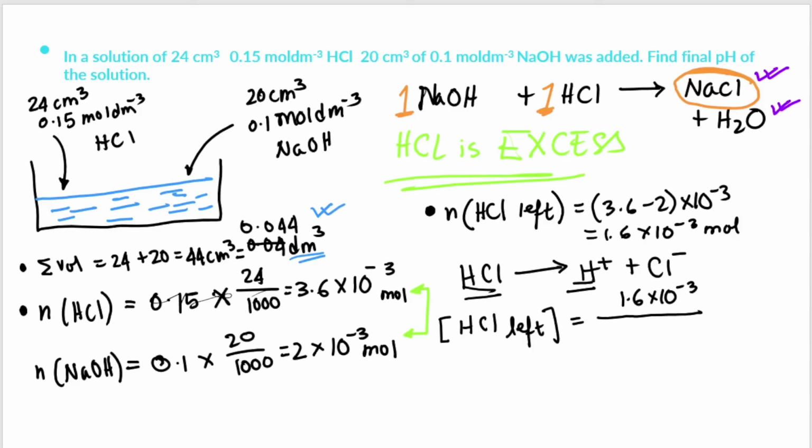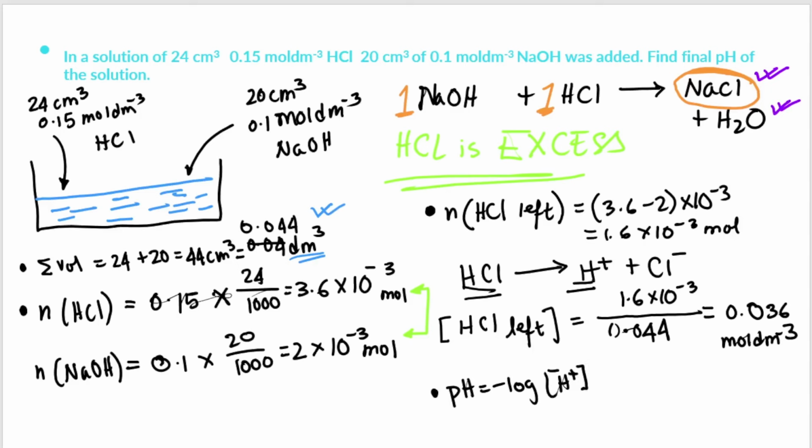Therefore, we must place 0.044 dm cube at the bottom. This will give us a concentration of 0.036 moles per dm cube. Therefore, pH will be negative log of H plus, which is equal to the concentration of HCl within the solution, minus log of 0.036, which is equal to 1.44.